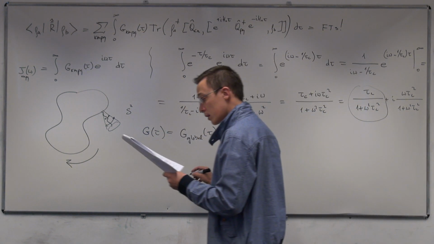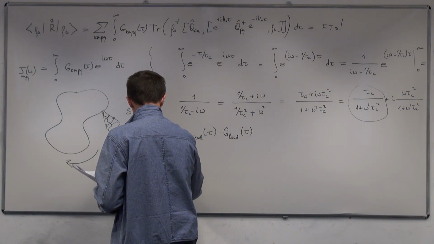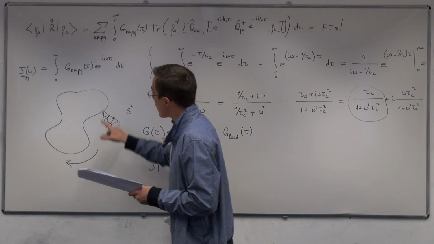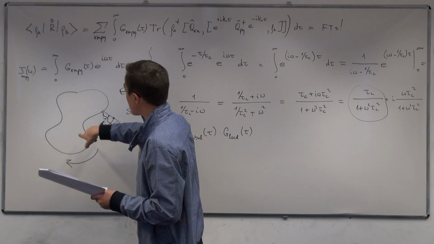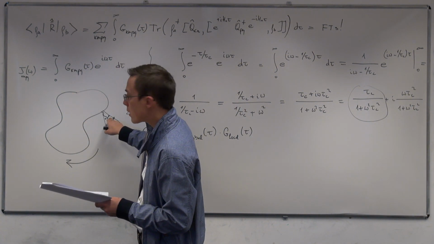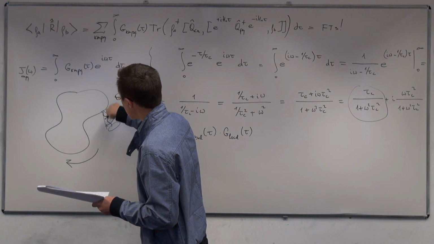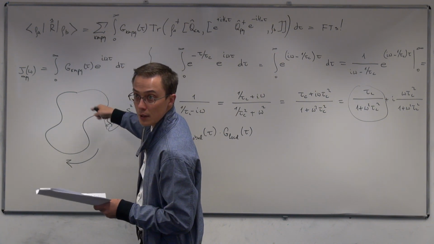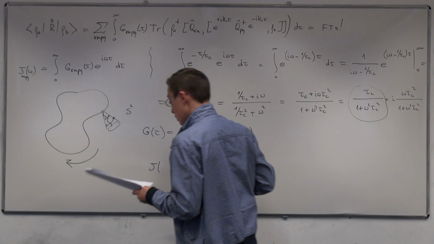And the total spectral density is just an interpolation between a situation where the molecule tumbles as a whole and this thing is held rigidly, and a situation where this thing just tumbles with a complete freedom and doesn't particularly care about the rest of the molecule.